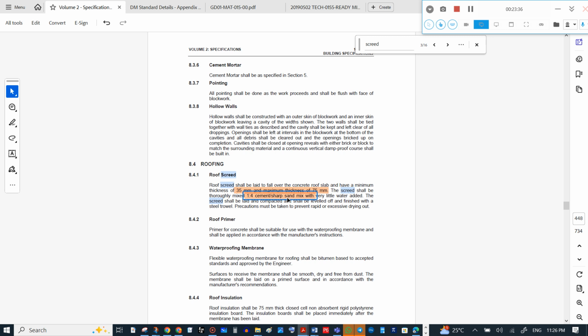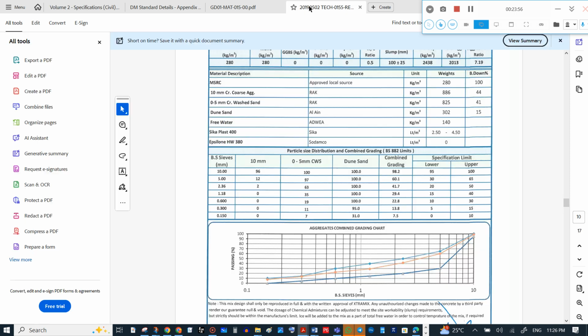So that is the sewerage specification. Now we look into the ready mix concrete mix design in MIRFA. Its document number is 20190502 in the MIR folder of MIRFA.